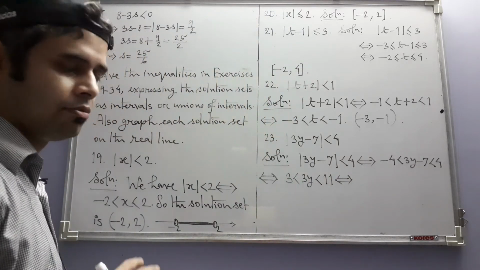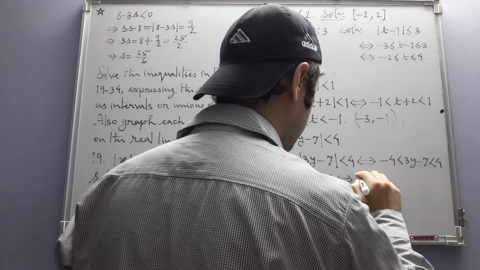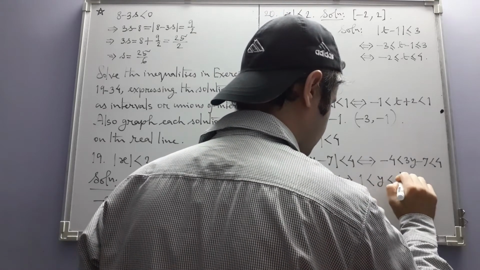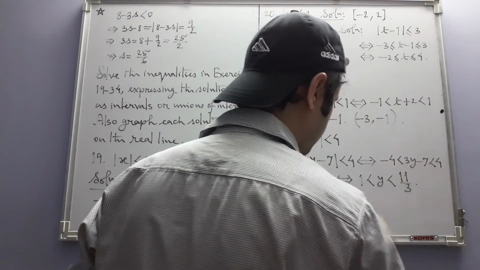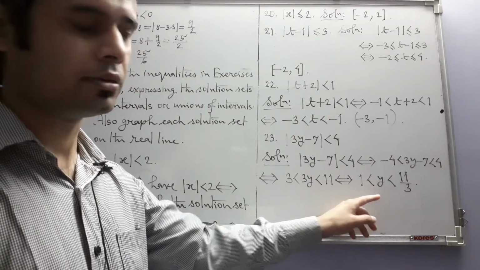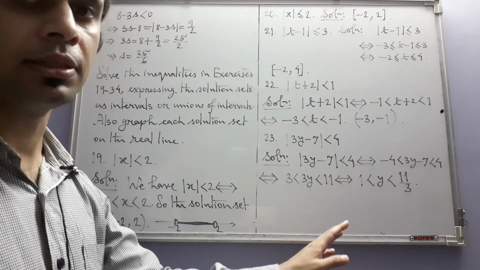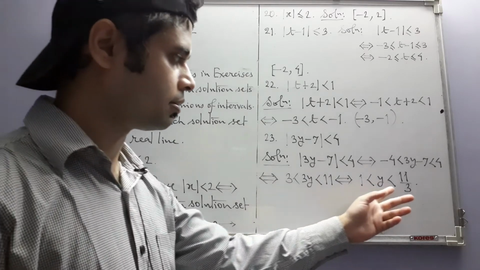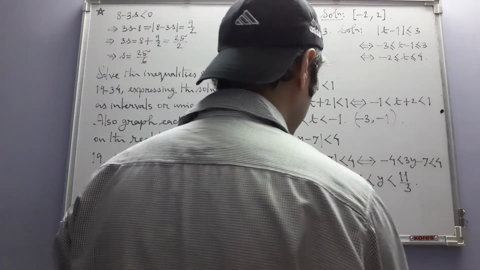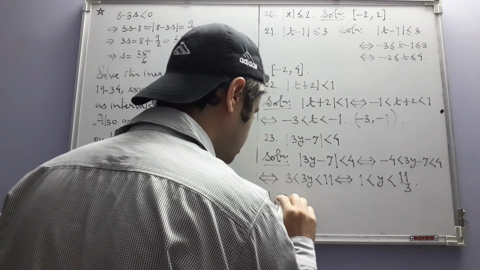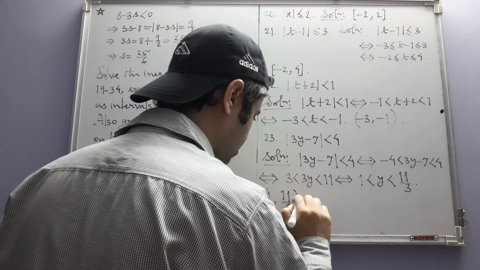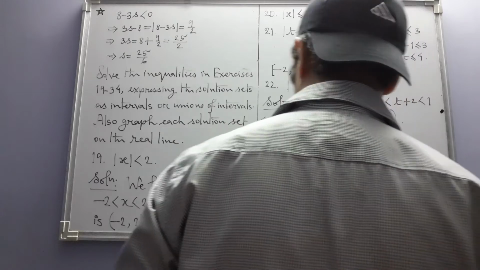Multiplying throughout by 1 divided by 3, we get 1 less than y less than 11 by 3. Our ultimate aim is to make y alone, to separate y from everything. That will tell us the conditions that y has to satisfy. So here the solution set is this open interval 1, 11 by 3.